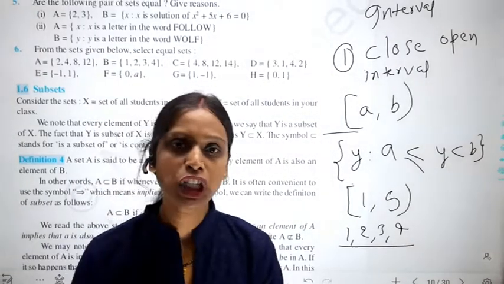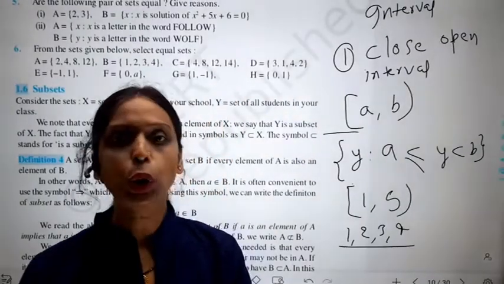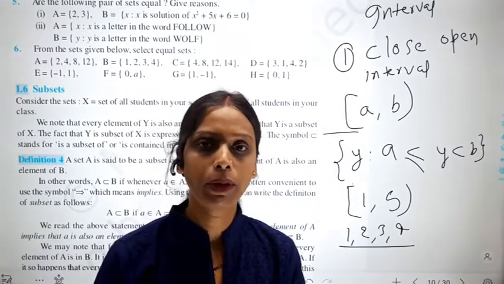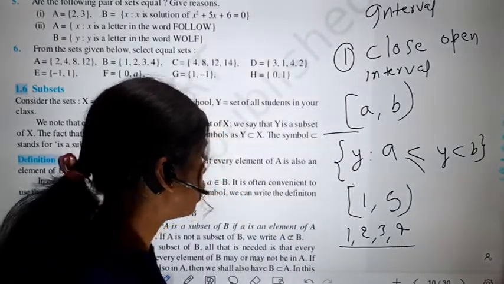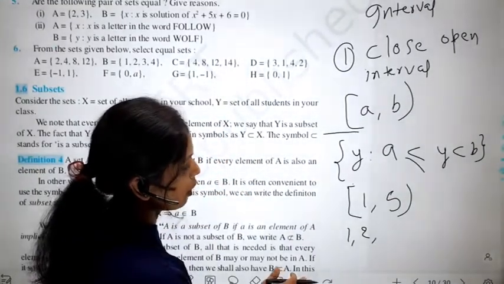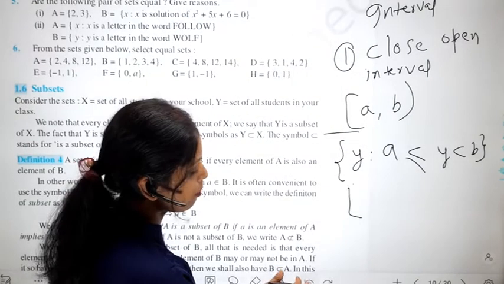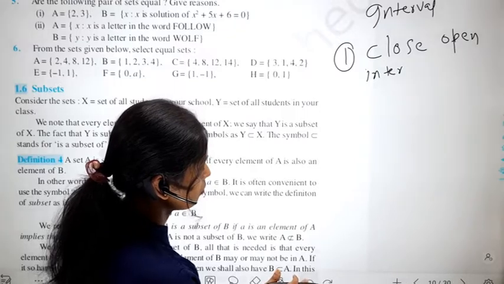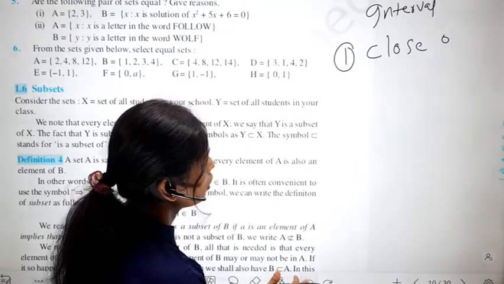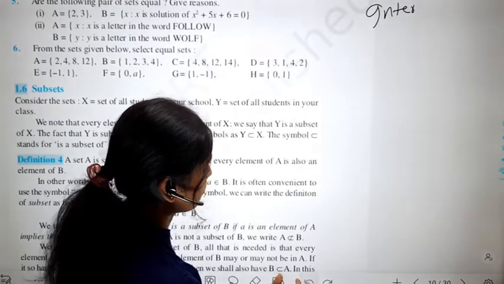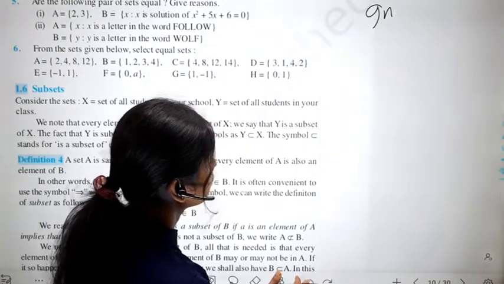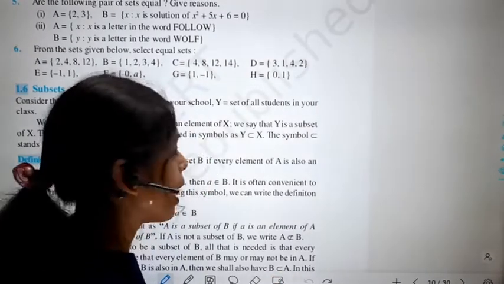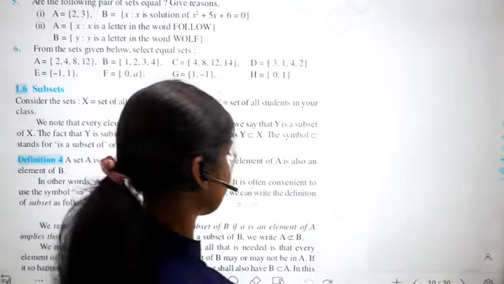Then this is the concept of the close open, open close and close open interval. I think you have understood all the intervals in a crystal clear manner. Now let us start the question answers of this chapter and practice it.